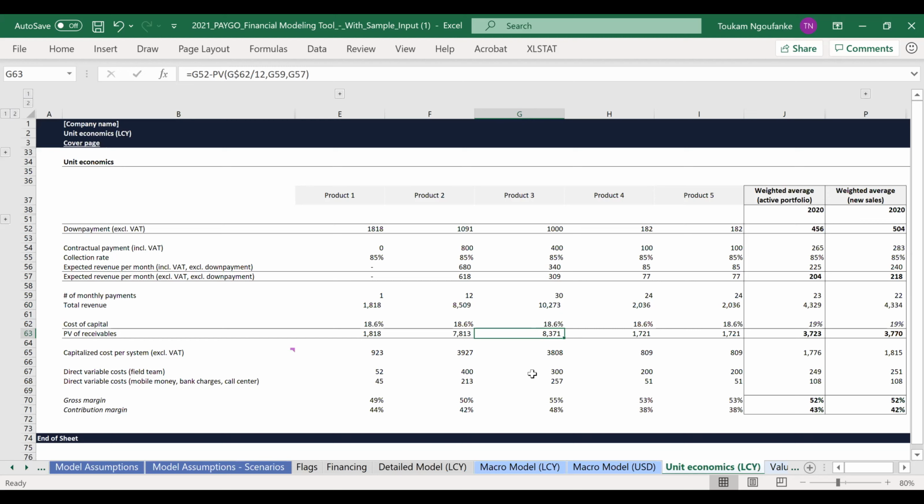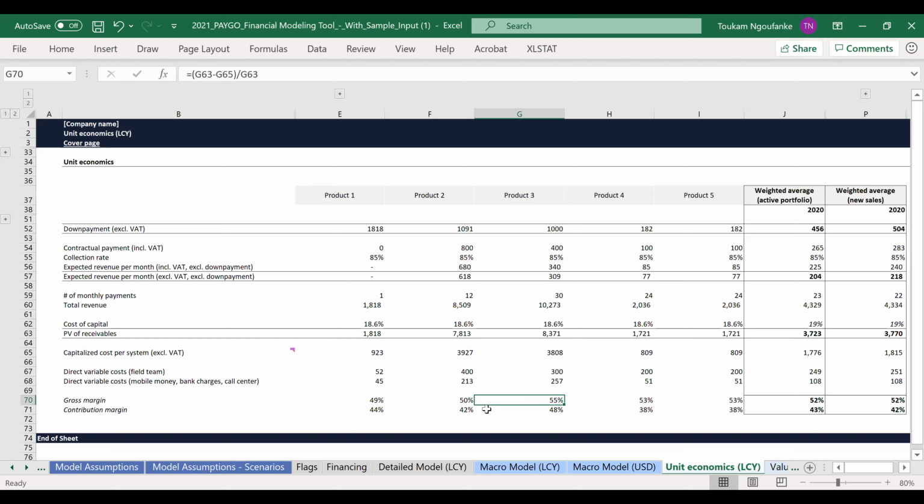Similarly with the other one, if you want to get the gross margin, you take out the immediate costs, the fully loaded cost of that item. In this case, this 55%, as I said before, is telling you that of that 8,371, 55% is left once you have accounted for what it costs you to buy, ship, and make that thing available to the customer.